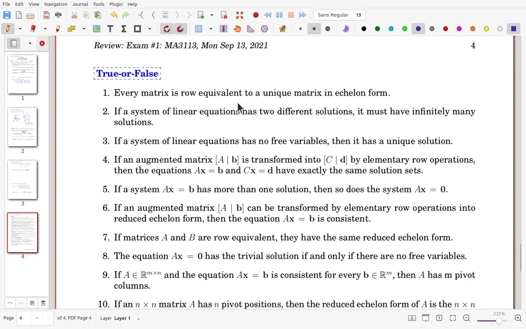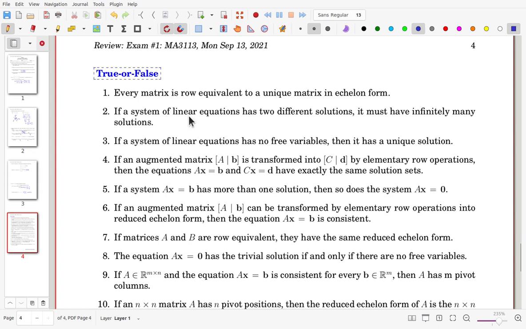Every matrix is row equivalent to a unique matrix in echelon form is false. Reduced echelon form is unique, but the echelon form is not. So it is false. Okay.